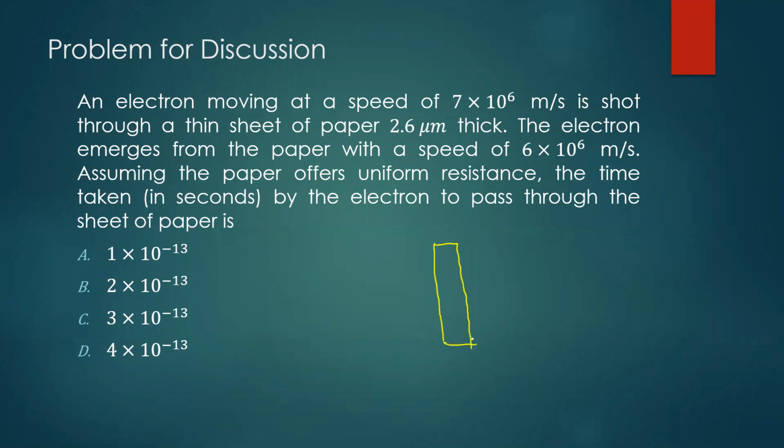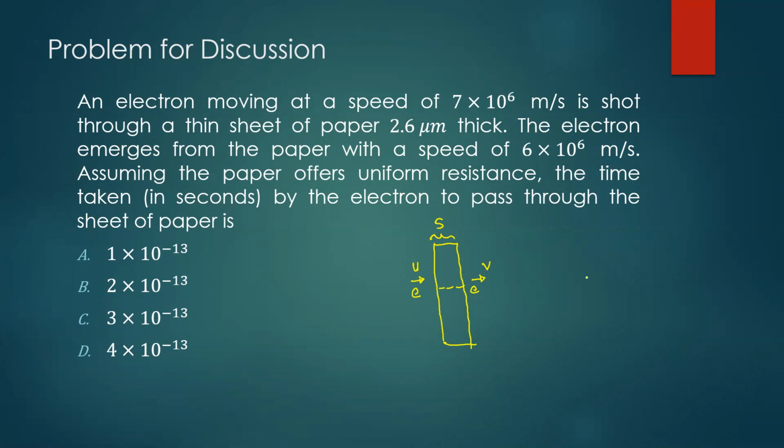We can consider the thickness as the displacement covered by the electron. The electron starts with some velocity u, and once it is inside the paper, there's some deceleration. There's uniform resistance, and it again comes out of the paper with velocity v. We're asked to find the time taken by the electron to pass through the sheet of paper.